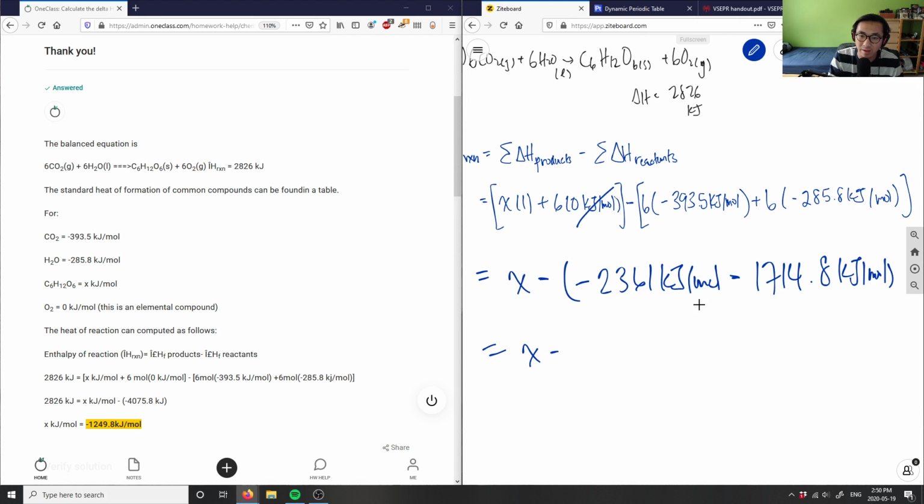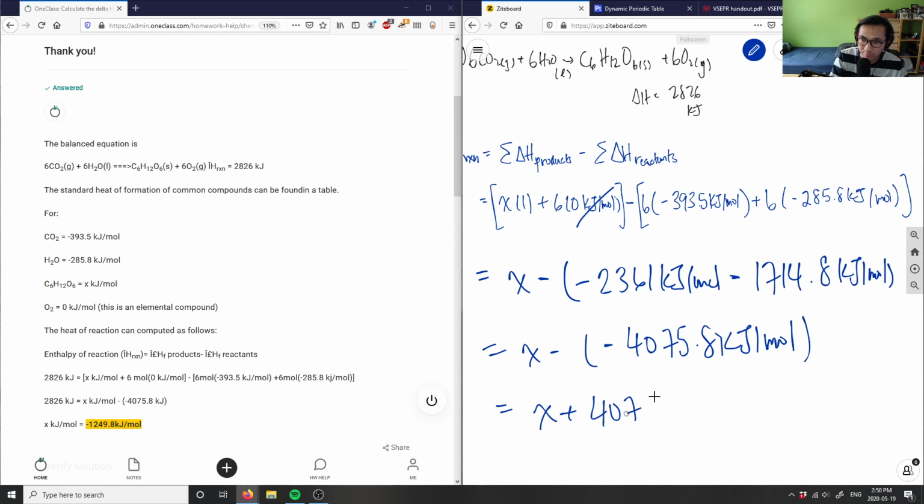So x minus, and I can subtract both of these, right? Negative 2361 minus 1714.8 gives me a value of negative 4075.8 kilojoules per mole. The negatives cancel out, so I have x plus 4075.8 kilojoules per mole here.